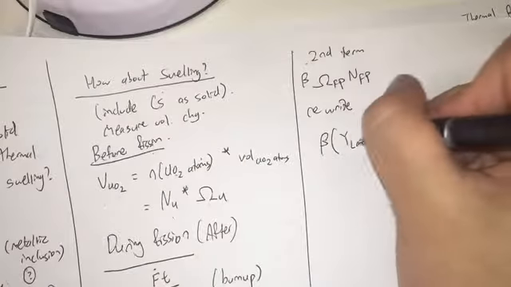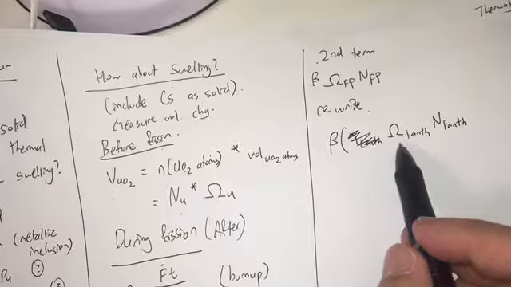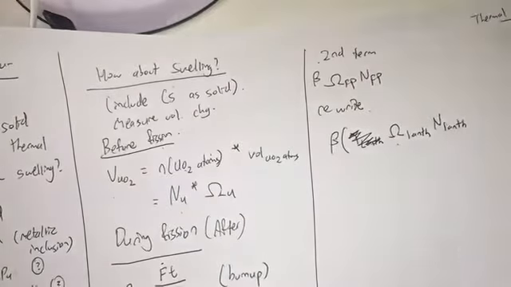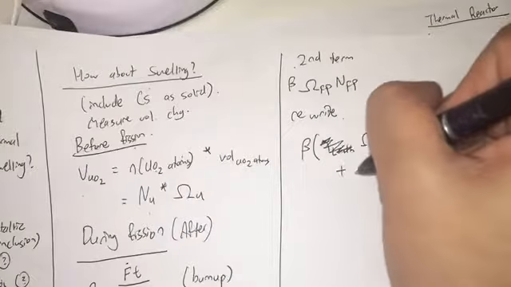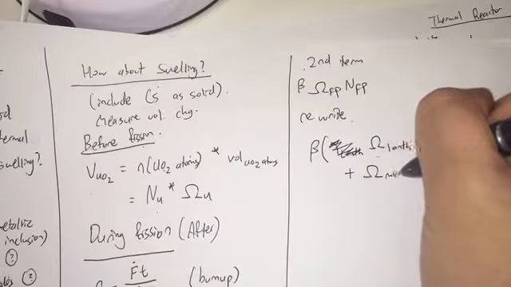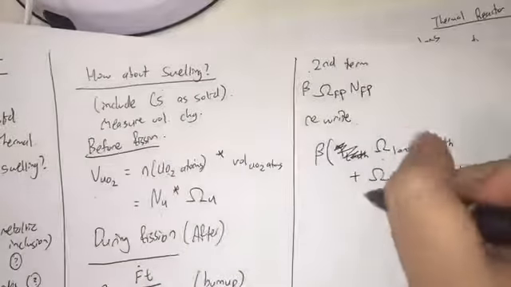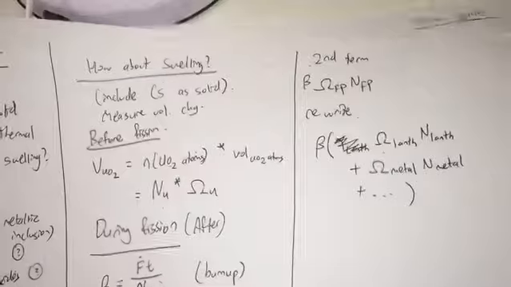Forget the yield first. So it's the volume of that fission product group times the number of atoms in that fission product group. So there'll be metal inclusions as well. Then we include all the other groups.